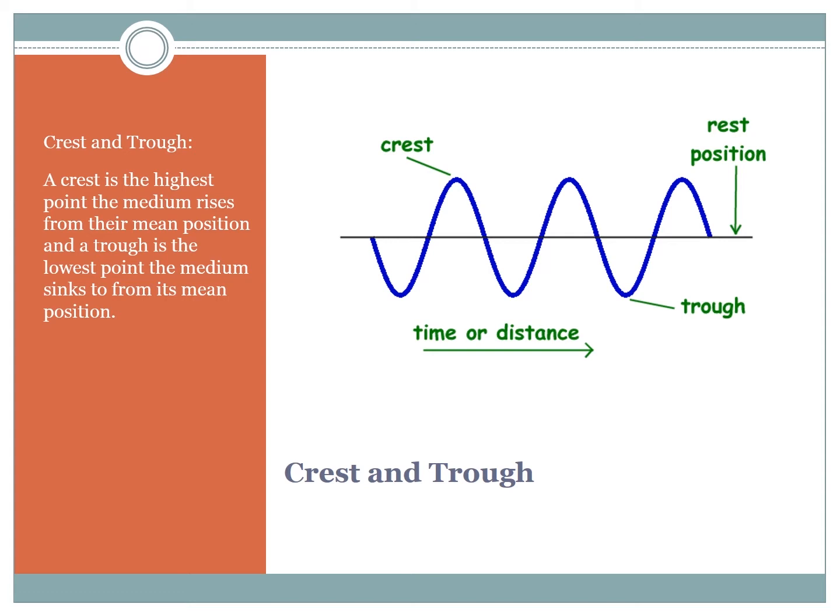As you can see, the black line in the picture is the mean position, and you can see the wave traveling above the line and below the line. The portion above the line with the maximum height is known as the crest, and the lower portion with the maximum depth is known as the trough.